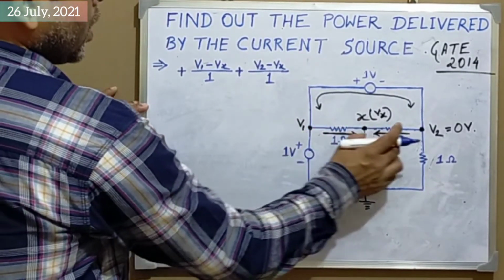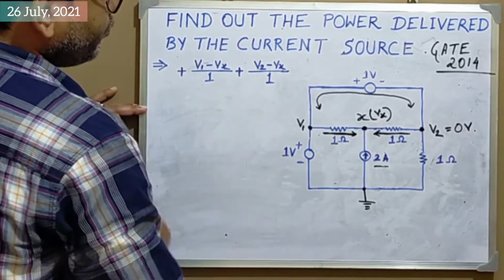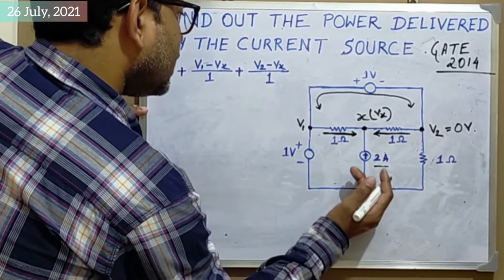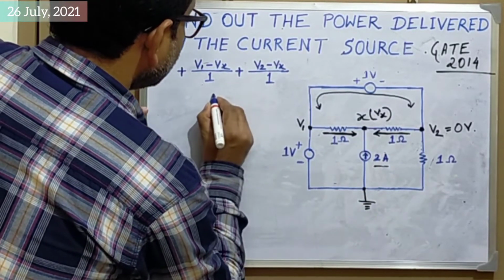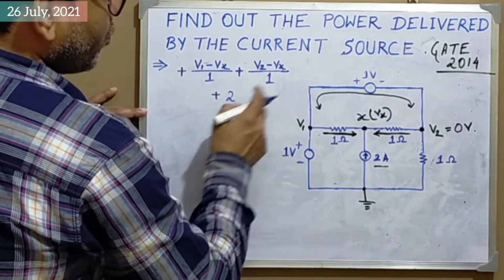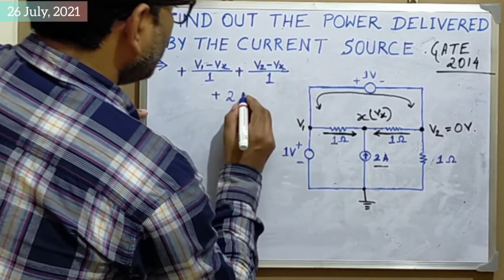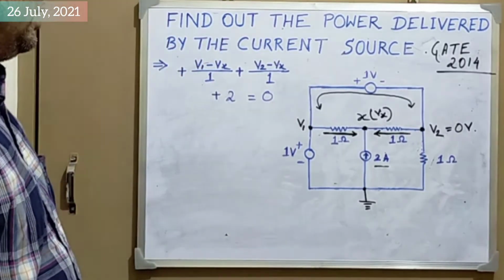Okay, so these two currents we have come to know here. And now another current is 2 ampere which is entering. So again this is plus 2 ampere, and the sum of all the currents at this particular node equals 0. That is our case here.